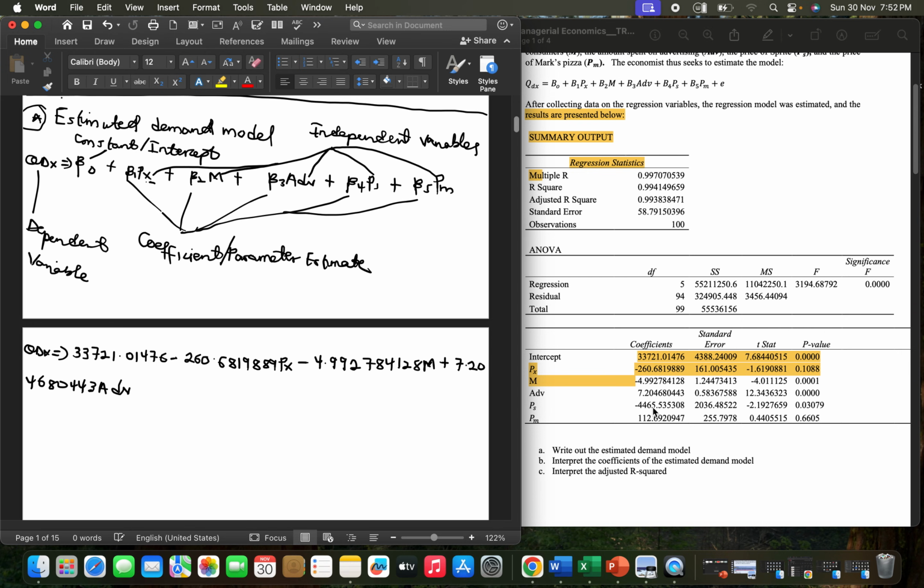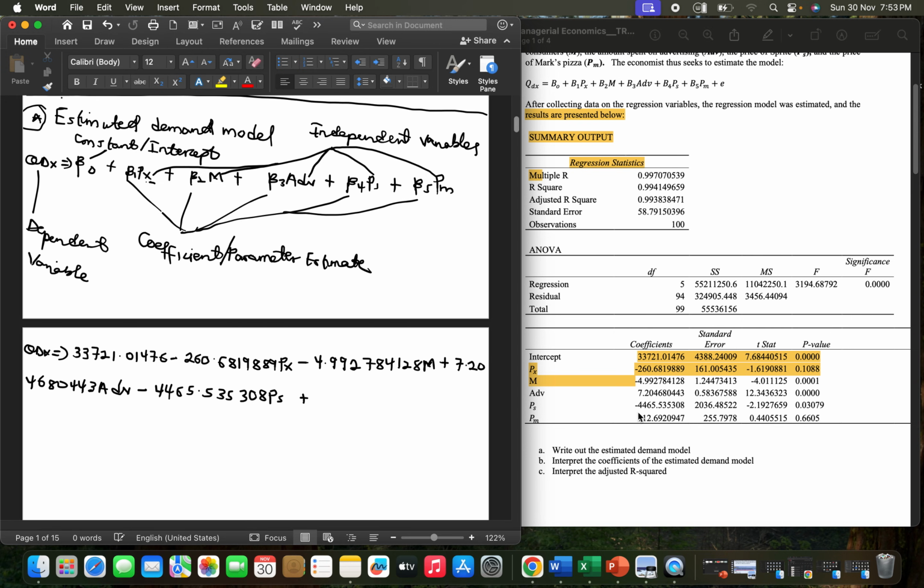Then the next coefficient is minus 4465.535308. Then we join the variable. Which variable is that? Ps.